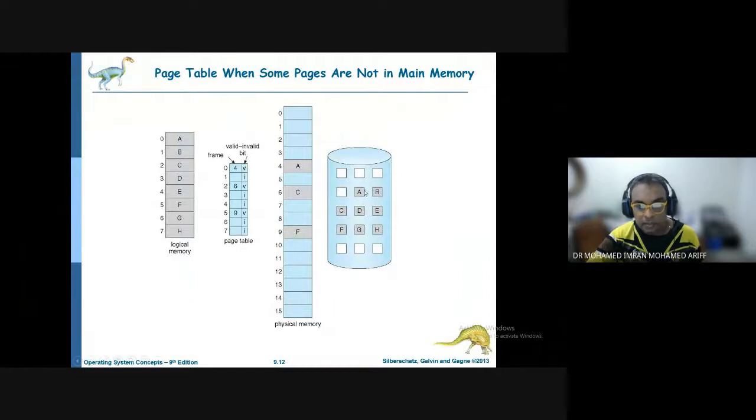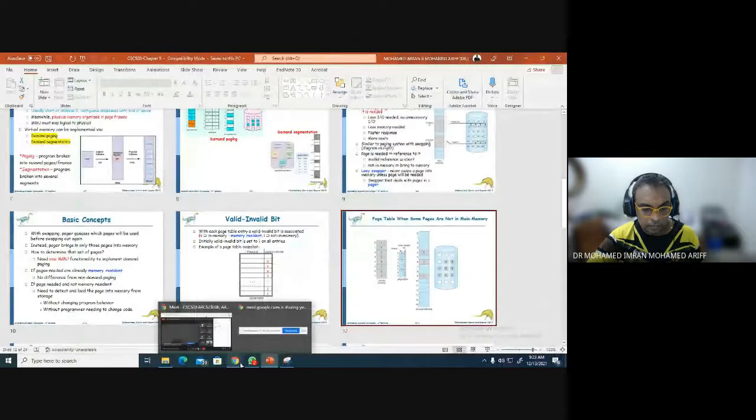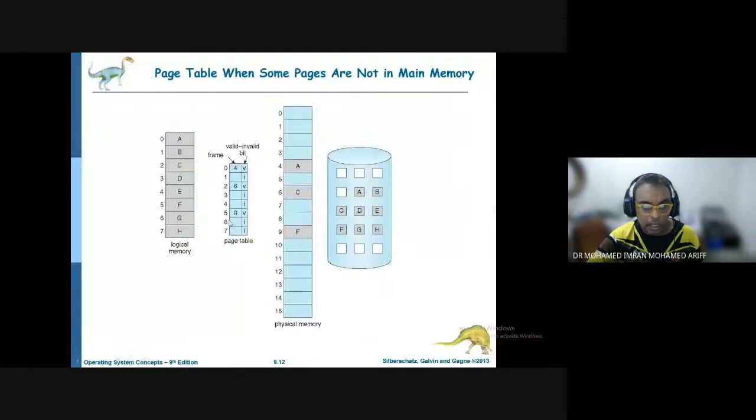So these files B, D, E, G, H are valid inside the hard disk but invalid inside the page table. Example, page 7.